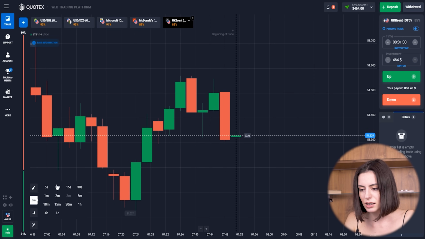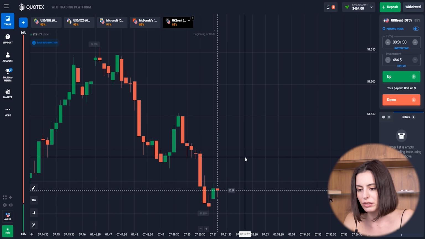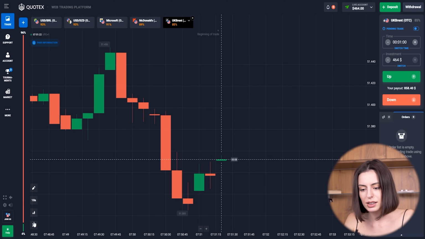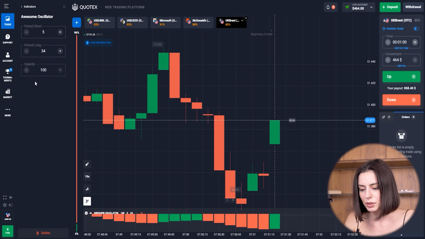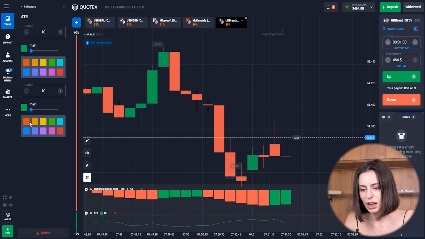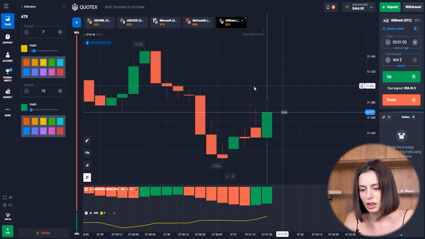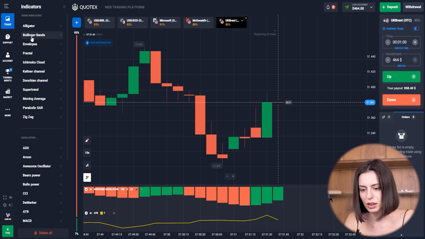Going with the 10 seconds, because the strategy is going to be a really poor indicator. I'm sorry, but you gotta stick to the 10 seconds this time. And the awesome oscillator, you gotta leave it. Then go into the ATR and work a bit with the period and thickness. Then go into the Bollinger Bands.